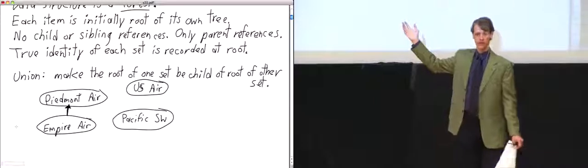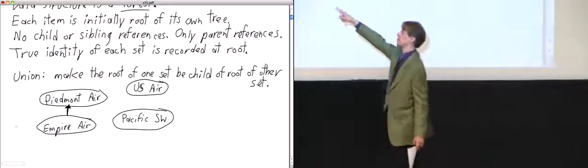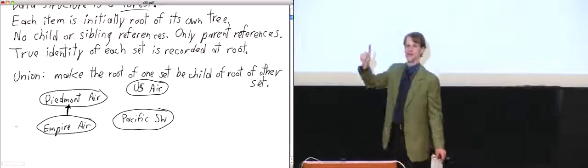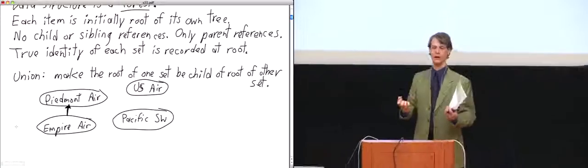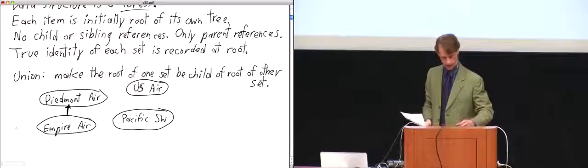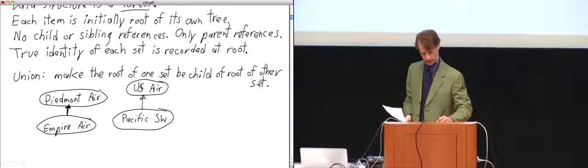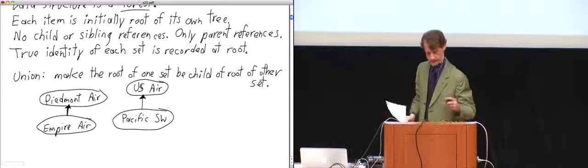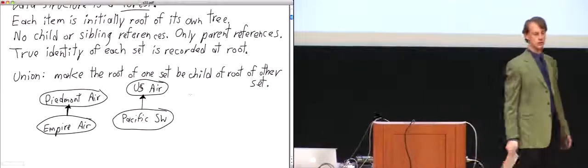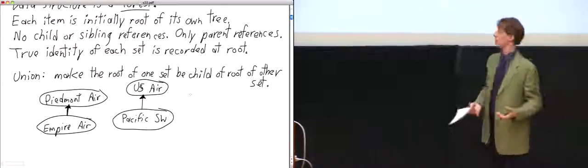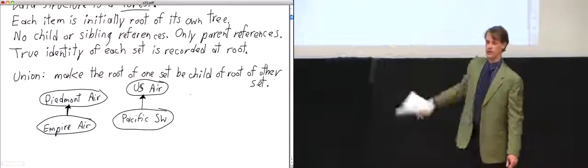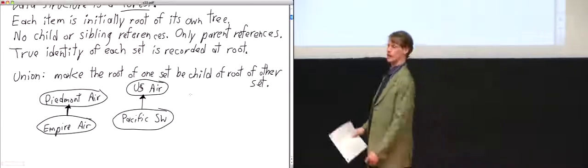Again, I do another union operation, and I unite Pacific Southwest with US Air. Each one of them is their own one-node tree, so I make US Air become the parent of Pacific Southwest, and now I have a tree with two nodes representing one set, which is the union of those two airlines.